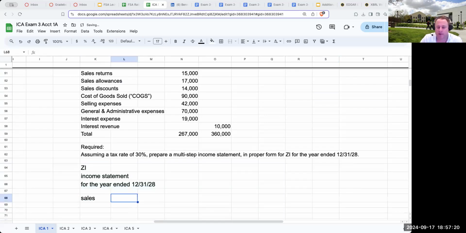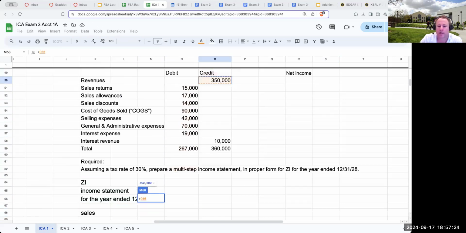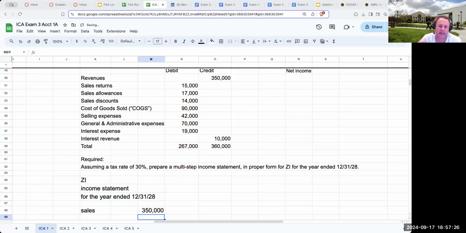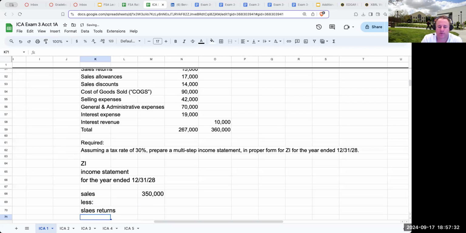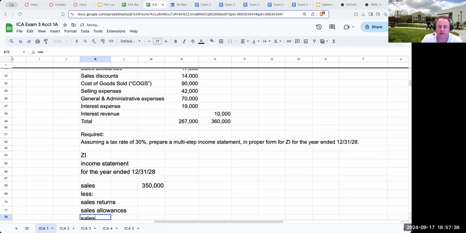Okay, so my sales over here were 350,000, but I need net sales. So I'm going to say less sales returns, sales allowances, and sales discounts.